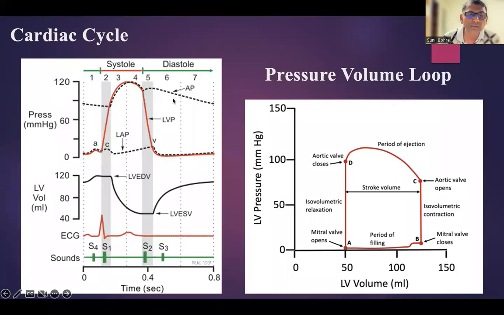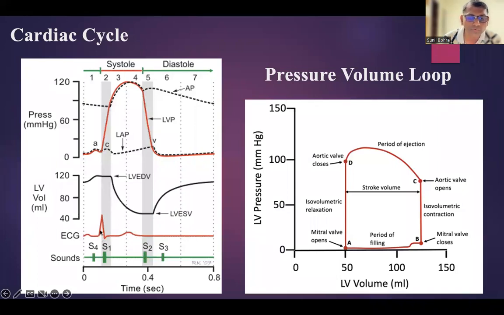So going by this cardiac cycle, here is the graph of the LV, wherein you can see this point. Before that, you will have to concentrate on the ECG: the P waves, the PR interval, the QRS complex, the T wave. So you need to be aware of this.